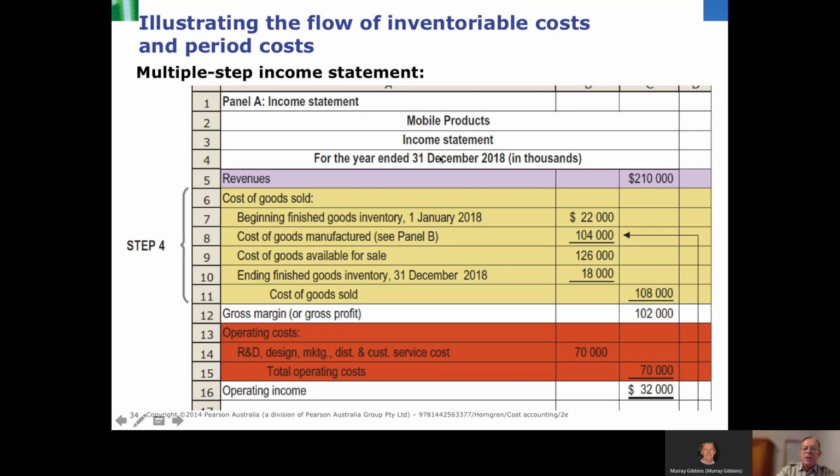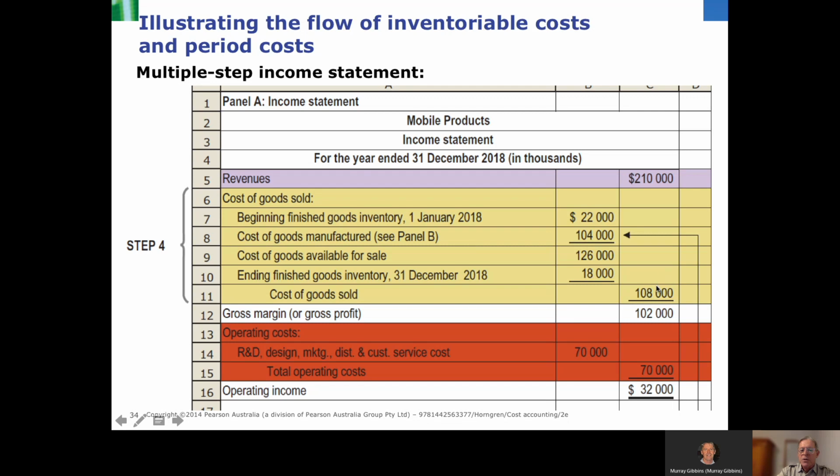Income statement for the year ended, we get our sales revenue, then less cost of goods sold: beginning finished goods stock, 22,000, and then this value of cost of goods manufactured transferred in from the previous slide, 104,000, minus closing stock of finished goods of $18,000 gives us the cost of goods sold.